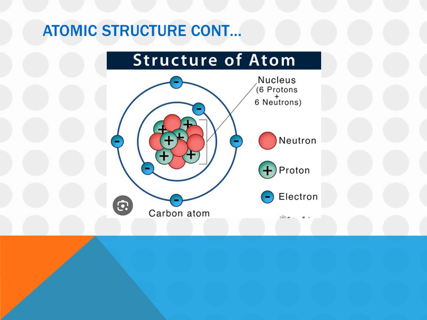Positive green balls indicate protons. Therefore, the innermost layer contains the nucleus, which consists of both protons and neutrons. Then the outermost layer consists of electrons, which are negatively charged.